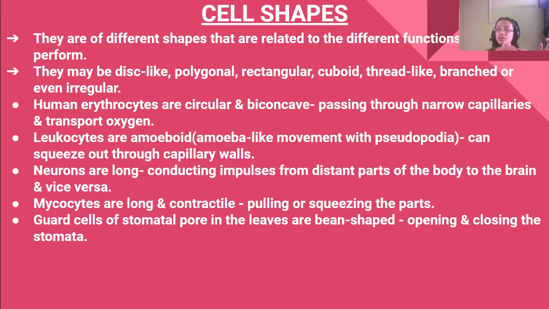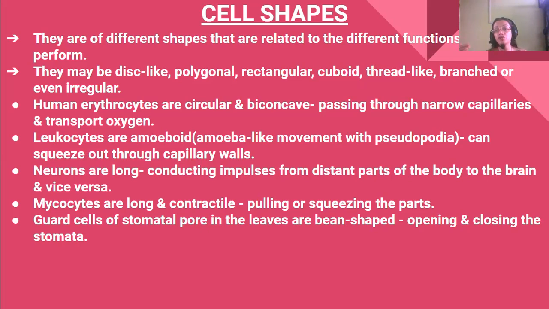It first moves to the aorta, then to the arteries, then arterioles, and then into the narrow capillaries. From there, the diffusion occurs. They pass through these narrow capillaries, but as they are circular and biconcave, they can pass through them very easily.